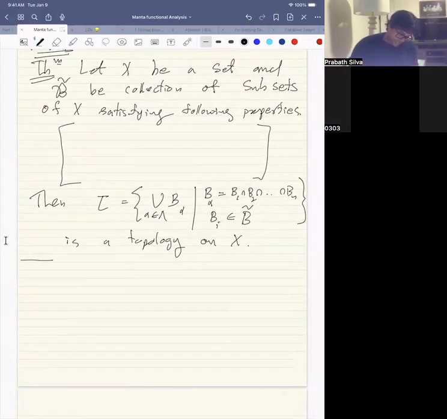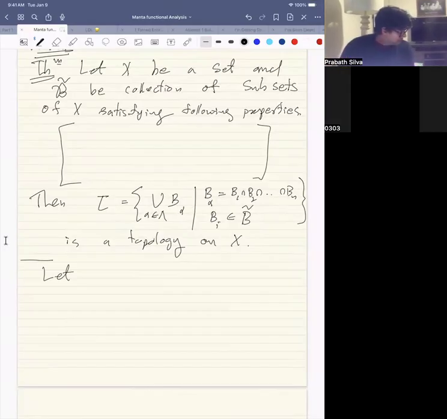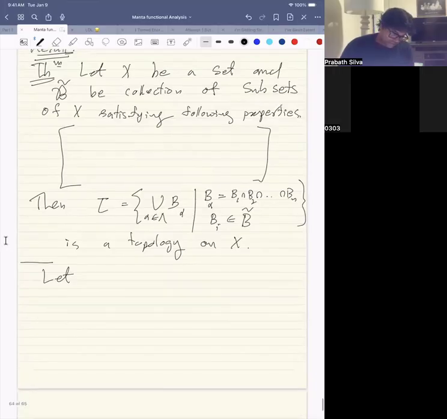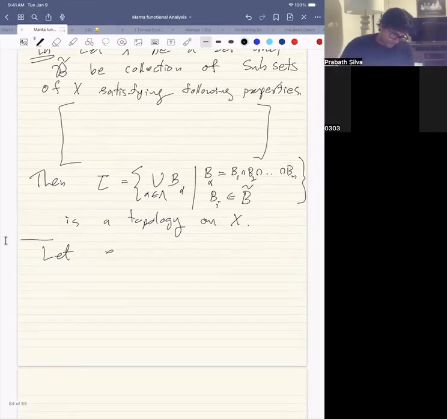Let C be a subset of P of X. Okay, and this is like any collection of subsets. Okay, this is the theorem.